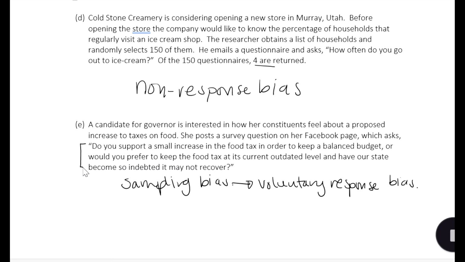So even if there was a more rigorous sampling method employed, and it wasn't a sampling bias by the voluntary response, this question has words like outdated, it has small, it has the word indebted, all these different things that are giving you flags to where they want you to answer. So because this question is very loaded, you may not answer with your honest and accurate opinion. So there's also a response bias here.